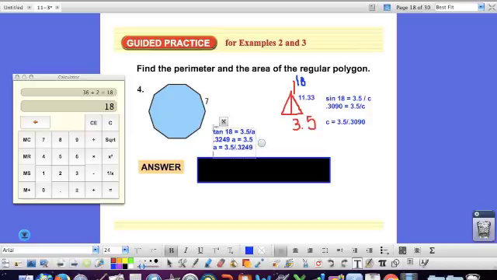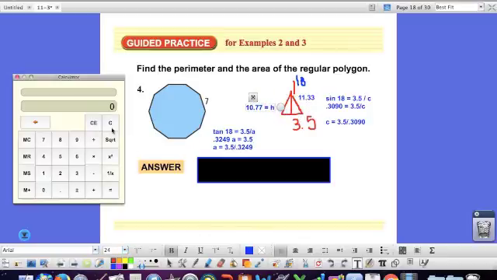In my off-screen calculator, that equals 10.77. So 10.77 is the height, or the apothem.